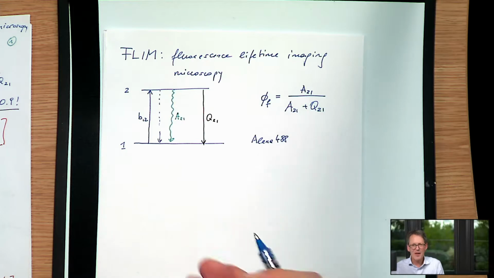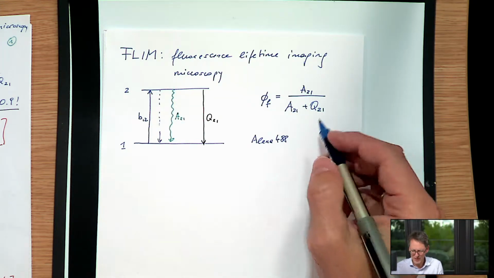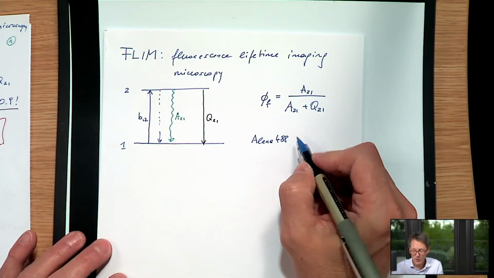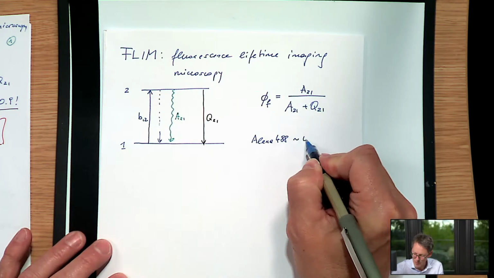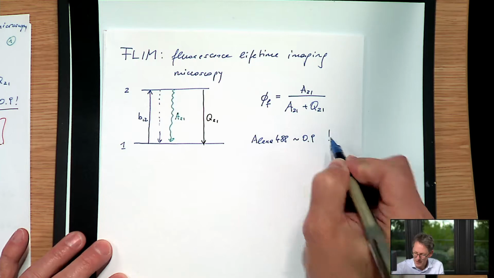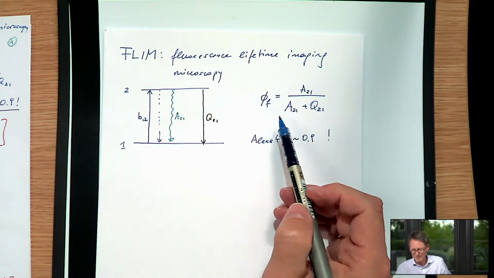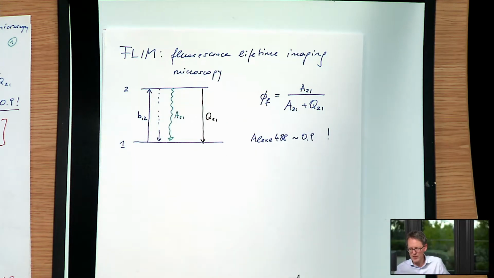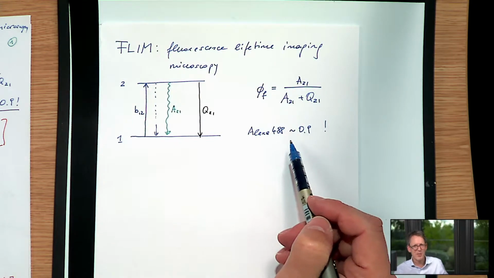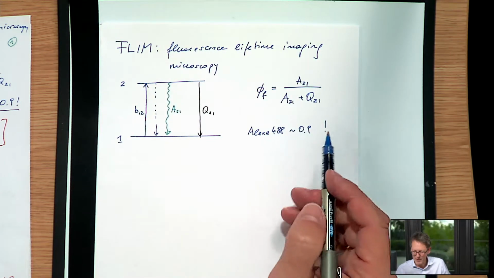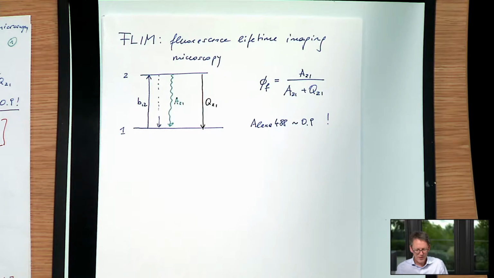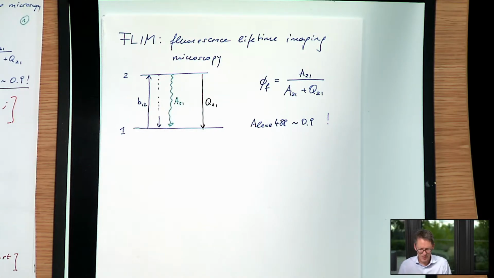In fact, that's an organic dye containing conjugated rings that has a very high quantum yield. Its quantum yield is 0.9, which means that for every 100 molecules that you excite, 90 will actually emit a fluorescence photon. So it has a very, very high brightness, this molecule.